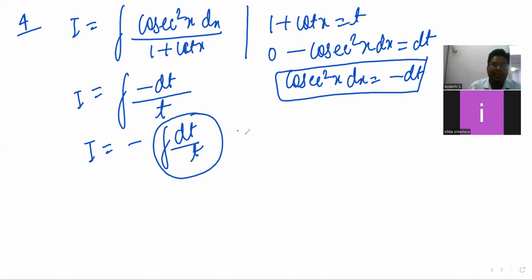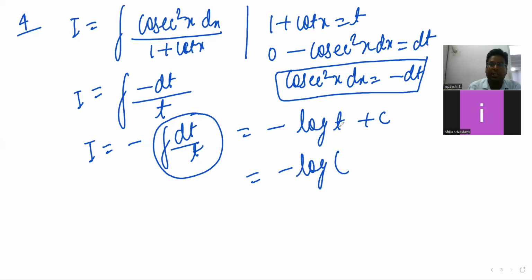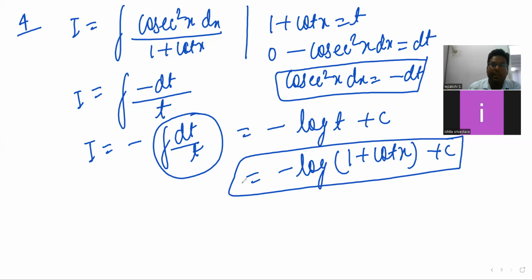So this can be written as minus log of t plus c. Now put the value, so it will be minus log of (1 plus cot x) plus c. So this will be the final answer for you.